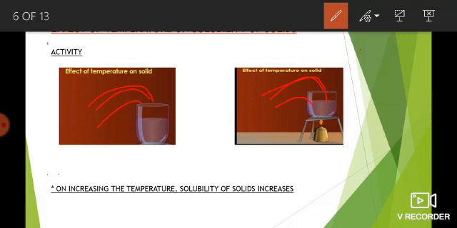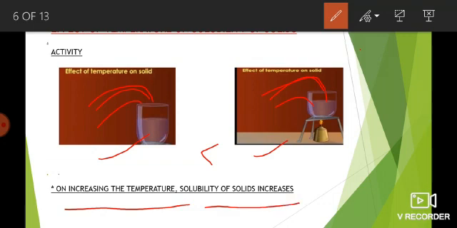What will we observe? We will observe that the amount of sugar dissolved in this tumbler is more than the amount of sugar dissolved in this tumbler. It shows that on increasing the temperature, the solubility of solids increases.